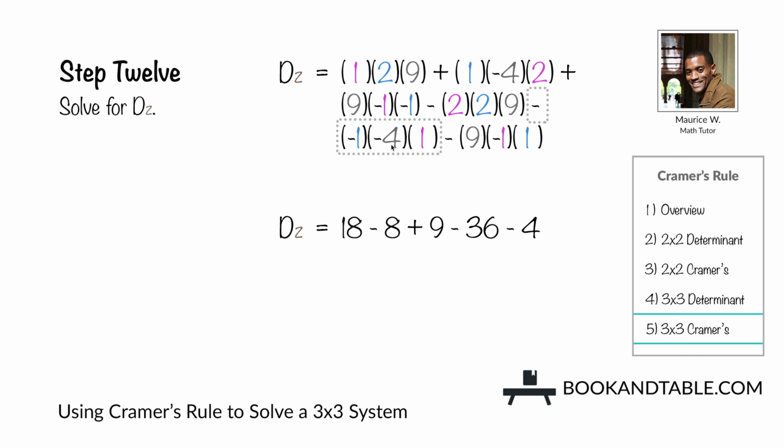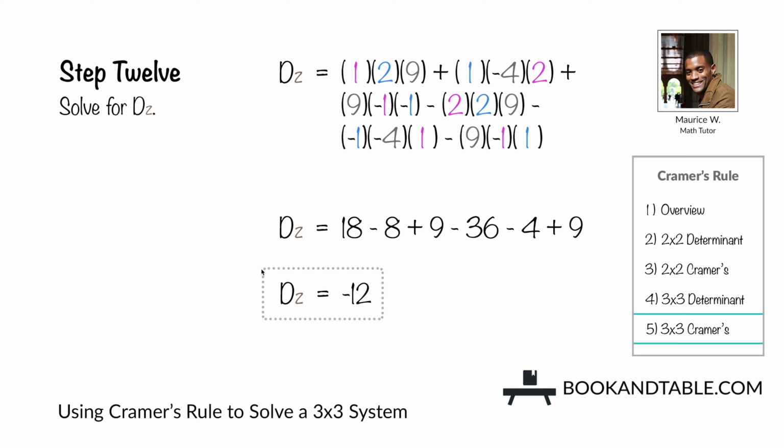Positive 1 times -4 is -4, times 1 is -4. -1 times 9 is -9, times -1 is positive 9, times 1 is positive 9. So we see dz is equal to 18 minus 8, which is 10, plus 9 is 19. 19 minus 36 is -17. -17 minus 4 is -21. And -21 plus 9 shows us that dz is equal to -12.